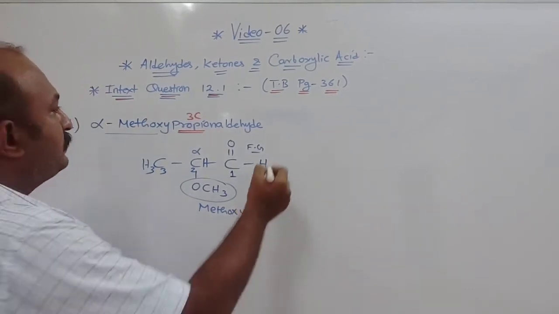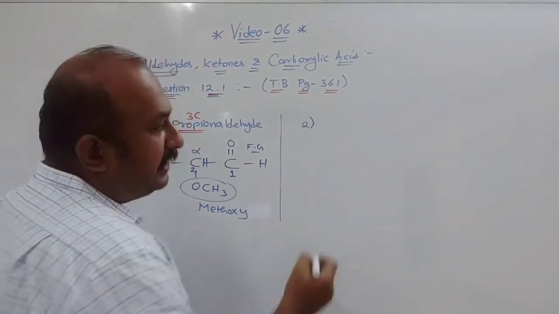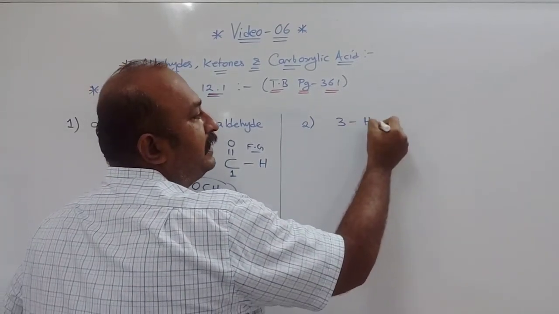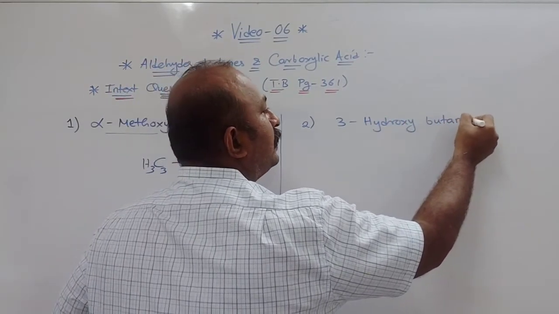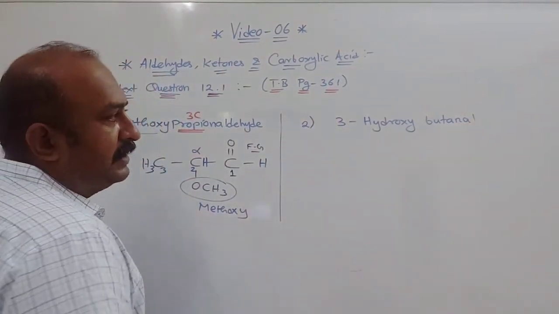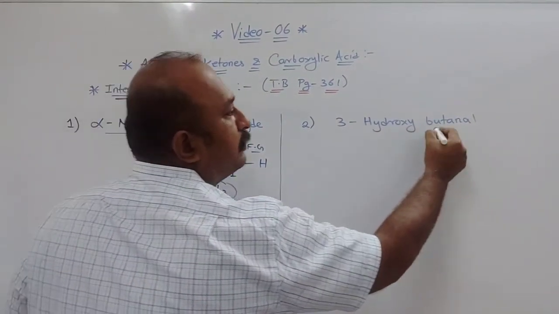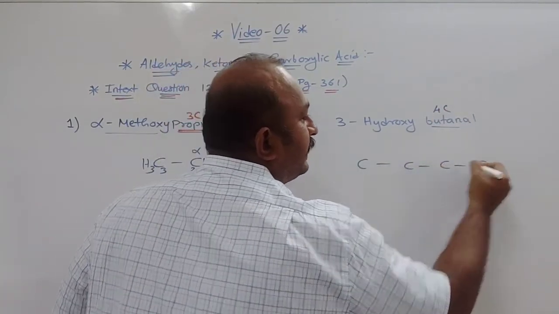Now the second structure. What is the name written there? 3-hydroxybutanal. Okay, in this case 3-hydroxy and butanal. Butane means 4 carbons, so first I will draw 4 carbons in a line like this.